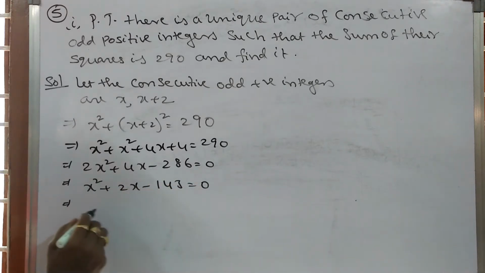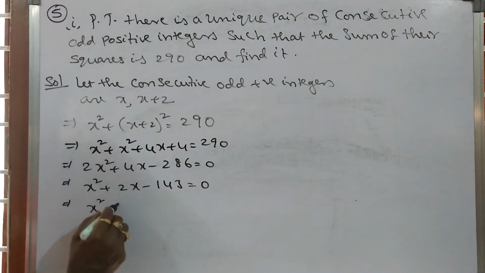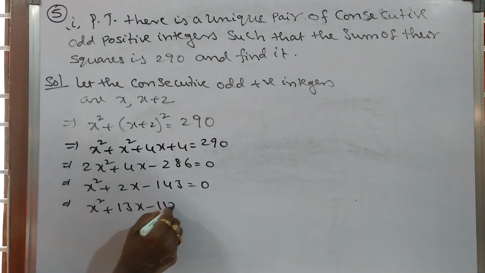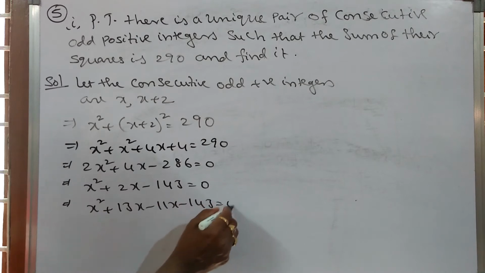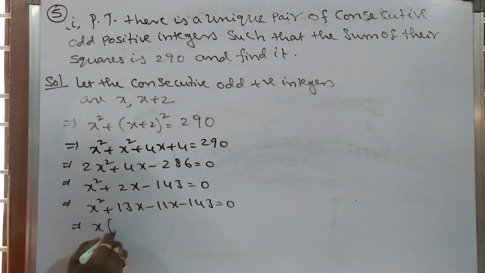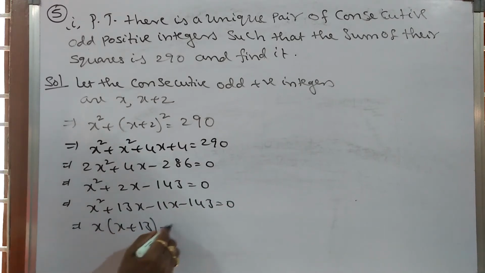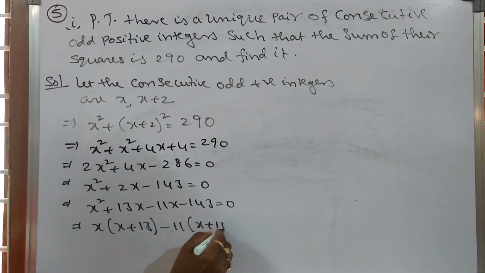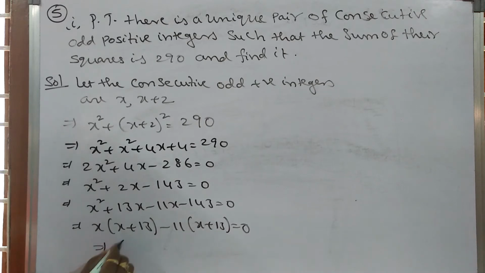What are the factors? 11, 13. x square plus 13x minus 11x minus 143 is equal to 0. x into (x plus 13) minus 11 into (x plus 13) is equal to 0. This implies (x plus 13) into (x minus 11) is equal to 0.